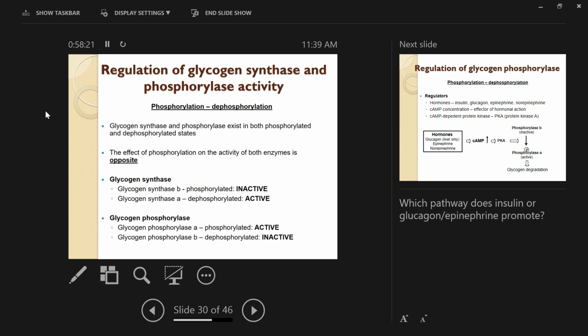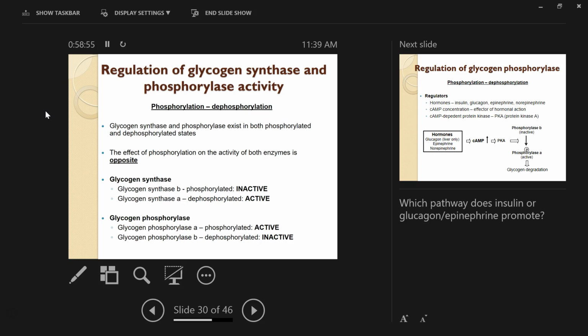And there's another mechanism that can also regulate the activity of the key enzymes. It's called phosphorylation. Glycogen synthase and phosphorylase activities are usually regulated by a phosphorylation and dephosphorylation mechanism.